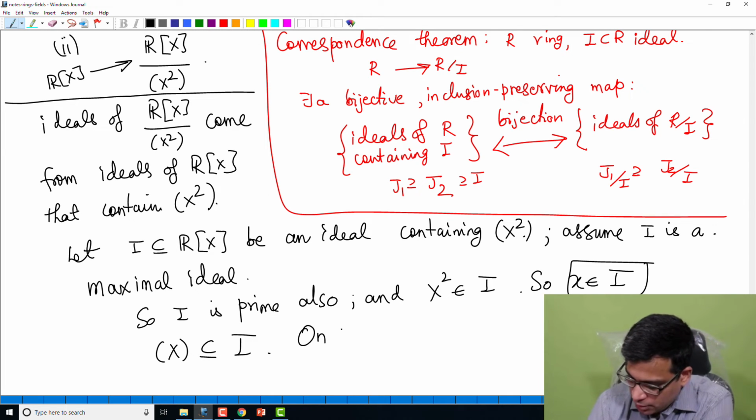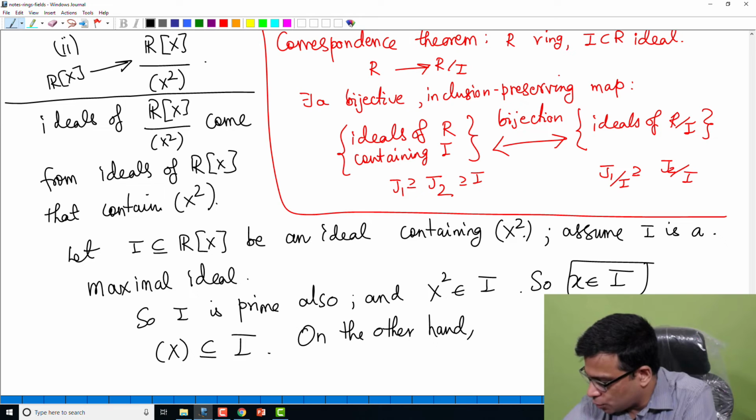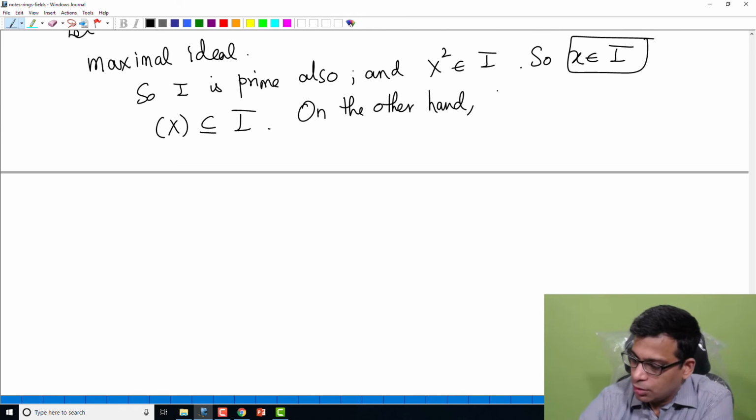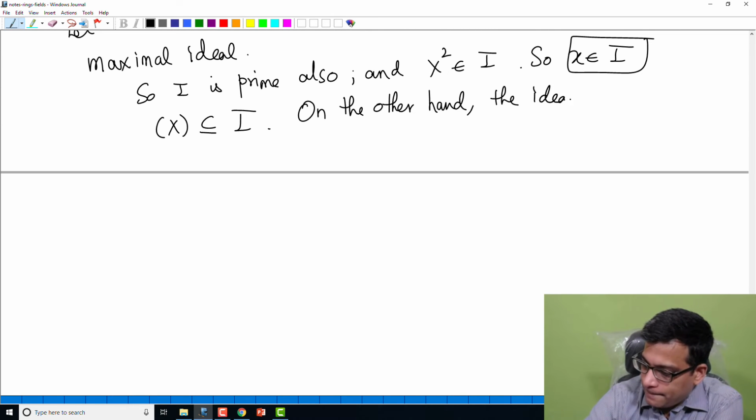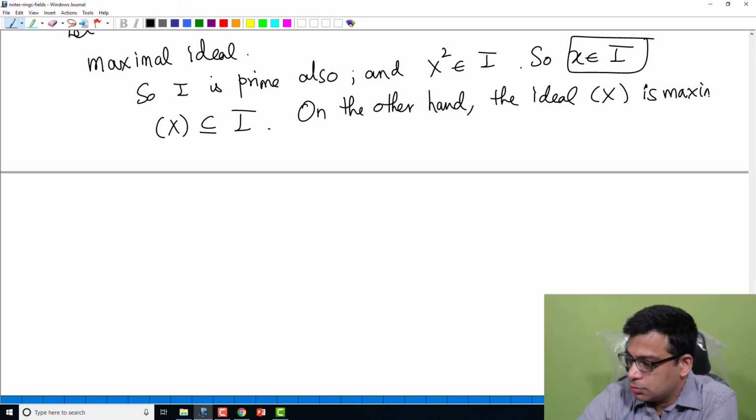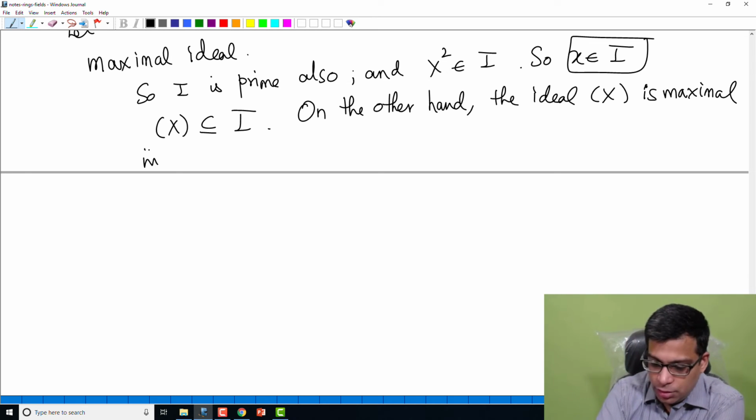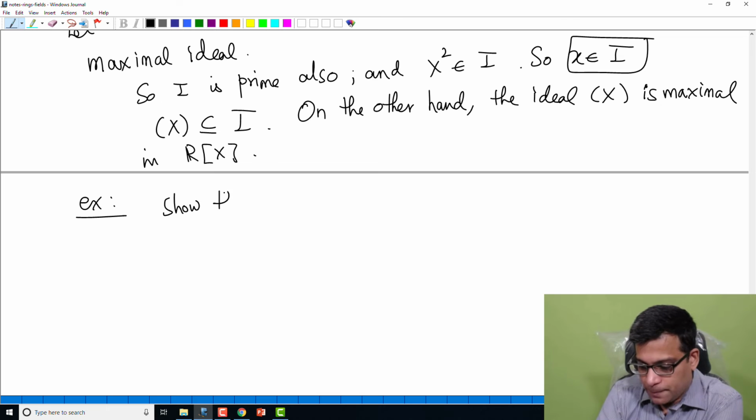On the other hand, it's an easy exercise for you. The ideal (x) is maximal in R[x]. So I will leave this as an exercise: show that (x) is a maximal ideal of R[x].